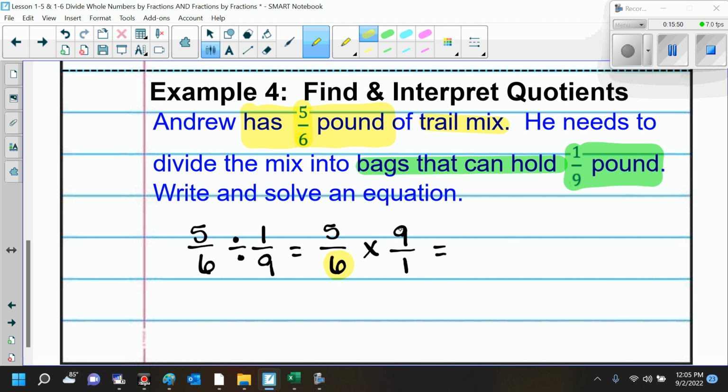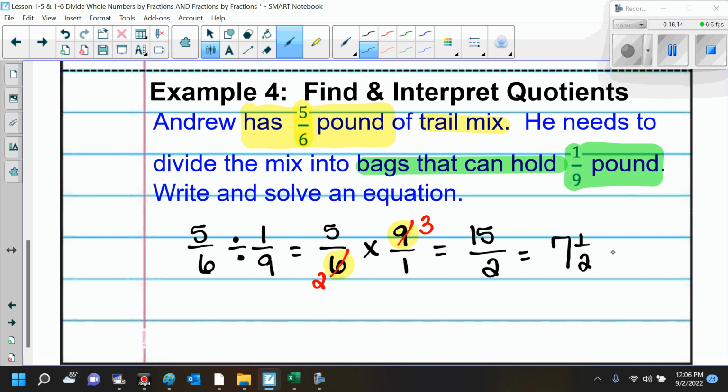The 6 and the 9 we can divide by 3. So 6 divided by 3 is 2, and 9 divided by 3 is 3. And then when we multiply straight across, that gives us 15 over 2, which is equal to 7 1/2.